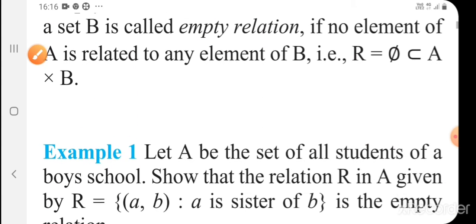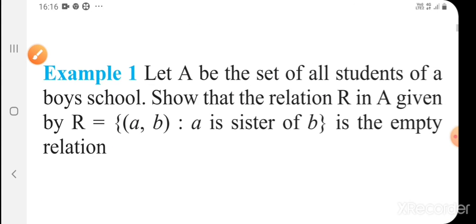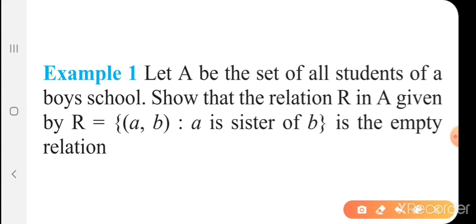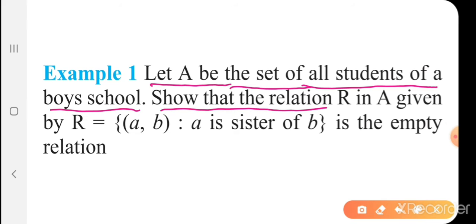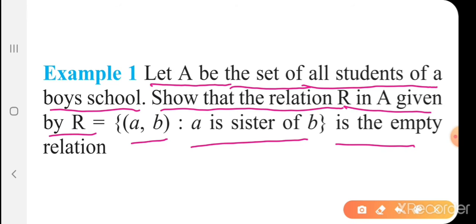So one example. Now consider a set A, the set of all students of a boys' school, so that the relation R in A given by R equals the ordered pair (a, b) where a is a sister of b, is an empty relation.